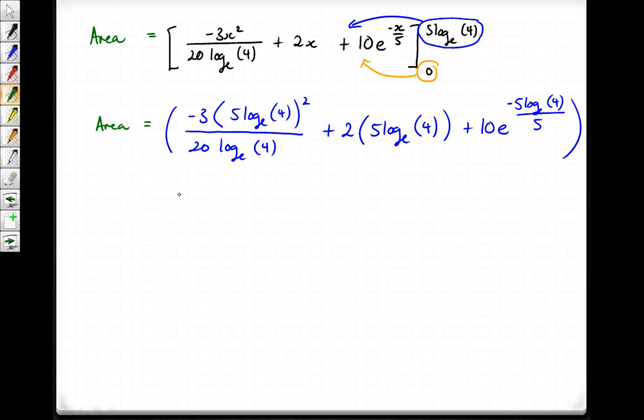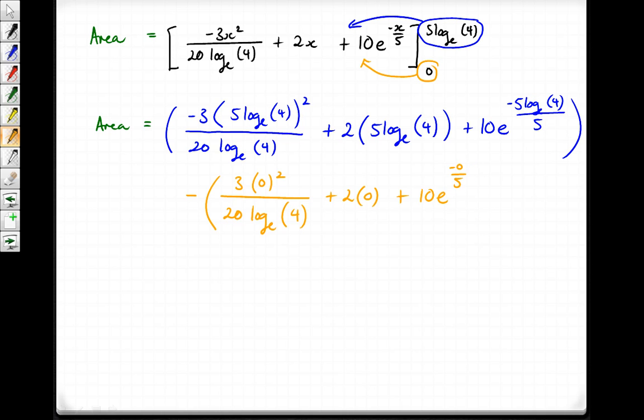And then we subtract away from that the orange, which is going to be 3 times 0 squared divided by 20 log e of 4, plus 2 lots of 0, plus 10e to the negative 0 on 5.